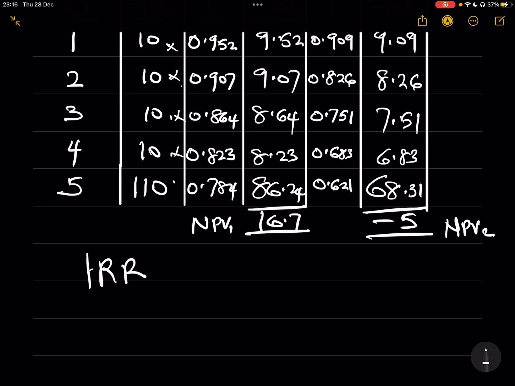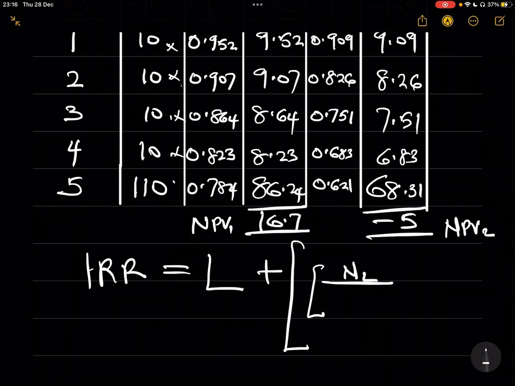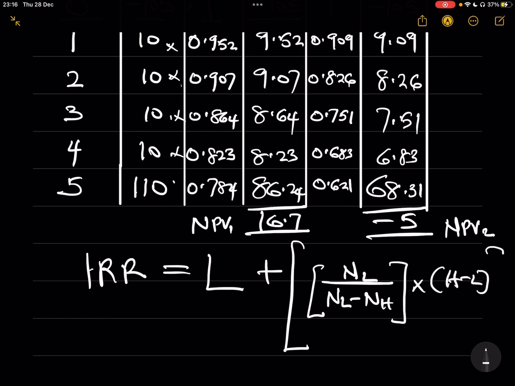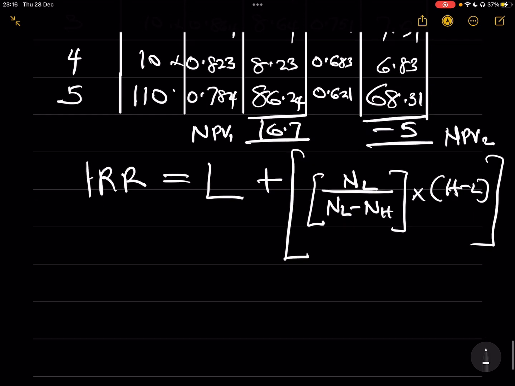So now what is the IRR formula? The IRR formula is this: equals L plus, don't get scared with the giant bracket, it's just a simple formula, NL over NL minus NH, multiplied by H minus L, right? So this is the IRR formula. And how do you use it?